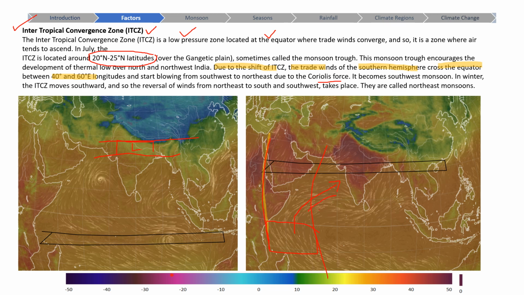The diversion towards the right side is due to the Coriolis force. This Coriolis force is important; it helps us for the monsoon.